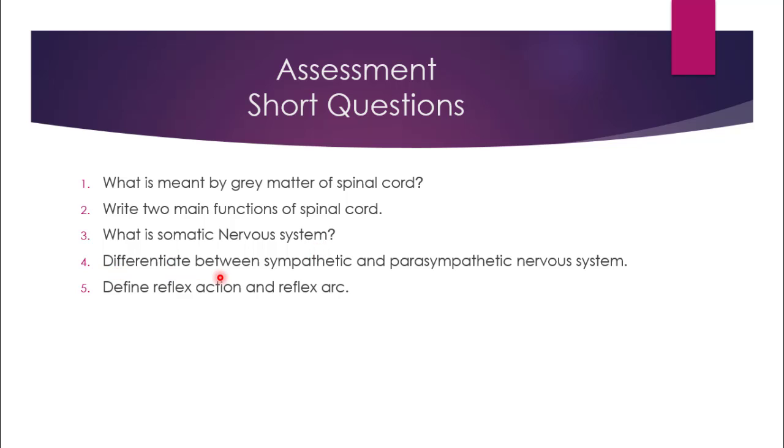Number 4. Differentiate between sympathetic nervous system and parasympathetic nervous system. You will write at least 3 differences in both these nervous systems by giving some examples as well. Number 5. Define reflex action and reflex arc. You will only write the definition of reflex action and reflex arc, which we have studied in our lecture.